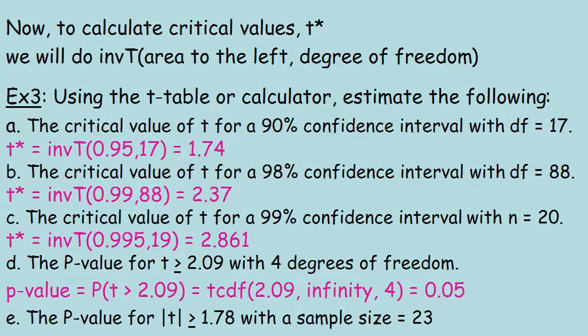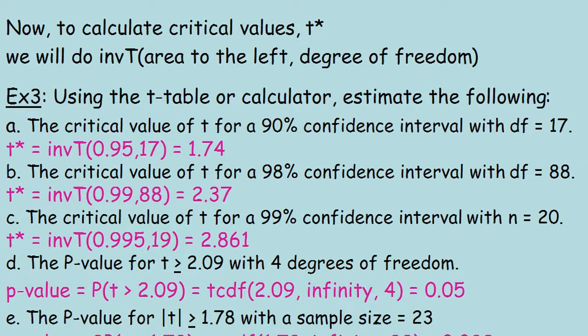Okay, so for the last example, you had to find the p-value if you have the absolute value of t. That means it's like a two-sided hypothesis. So you want greater than 1.78 and also less than negative 1.78. Or just to do it easier, we're just going to find the probability that t is greater than 1.78 and multiply it by 2.